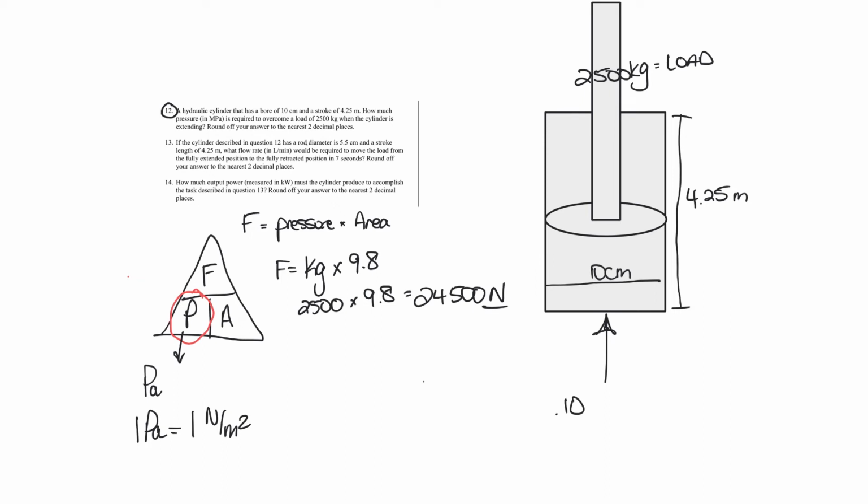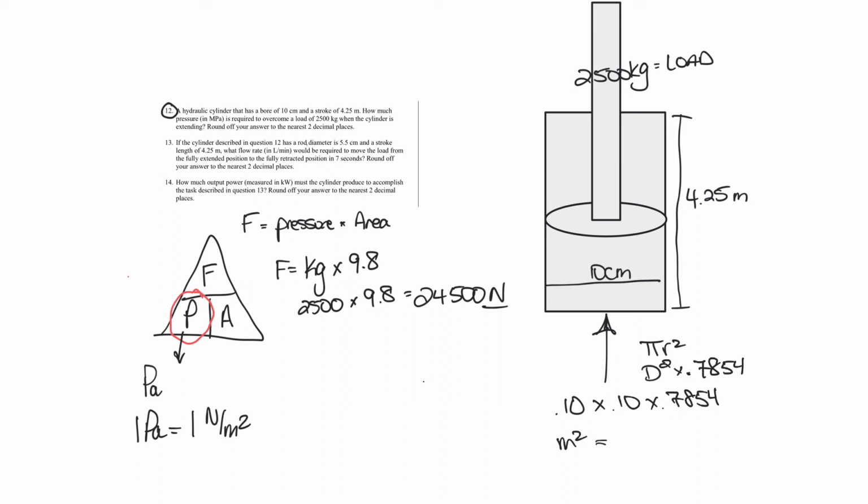So you can use pi r squared, or diameter squared times 0.7854 to figure out what your area will be of the cylinder. And so we're going to use 0.1 times 0.1 times 0.7854 to figure out how many meters squared this cylinder is.